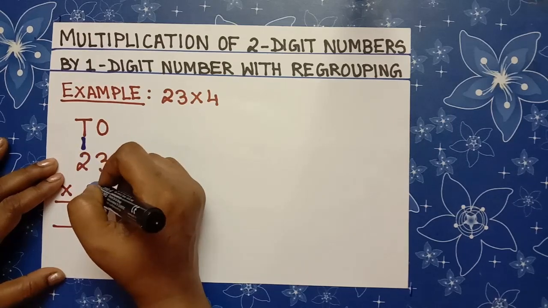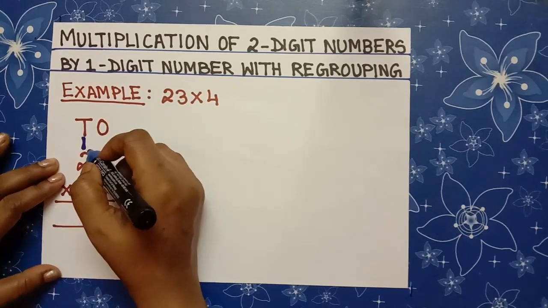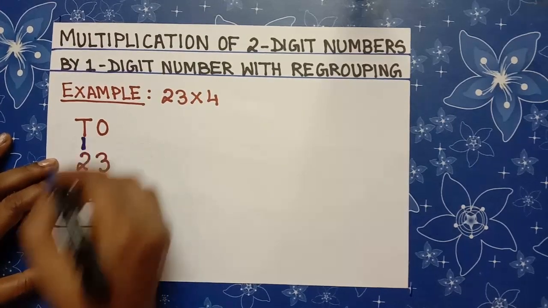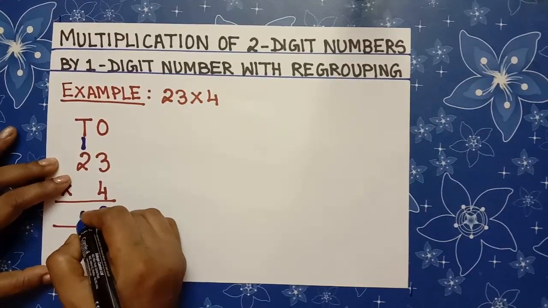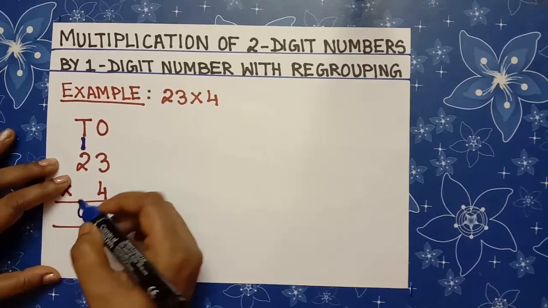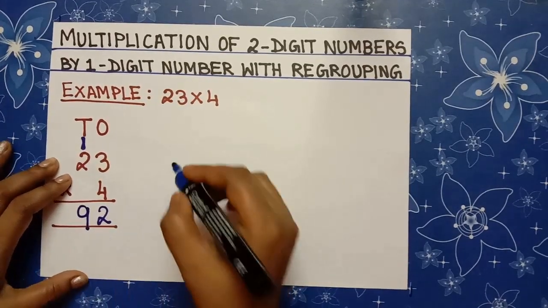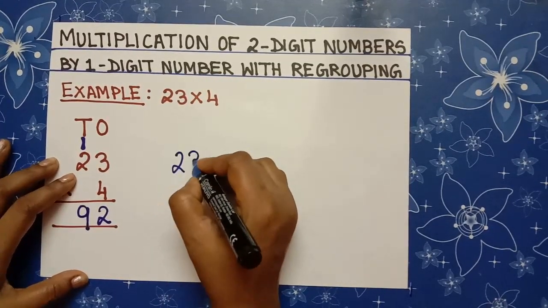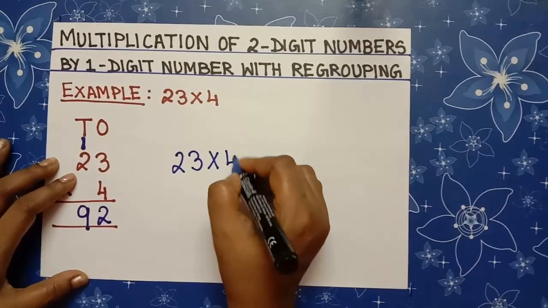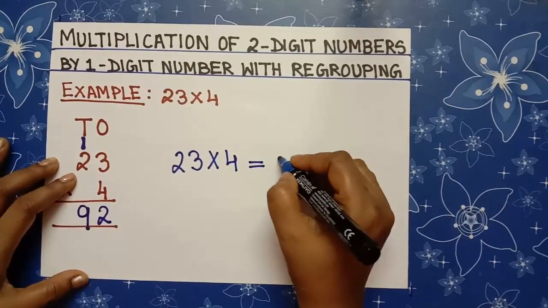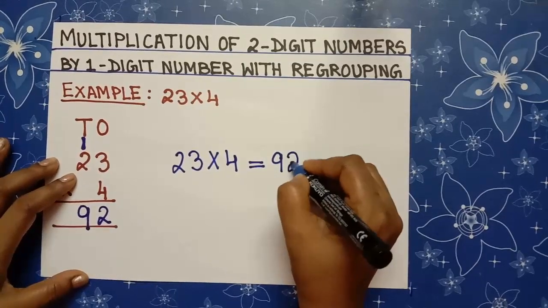So 8 tens plus 1 is equal to how much? 9. So write 9 in the tens place. The product is 92. So 23 into 4, how much are we getting? We are getting 92.